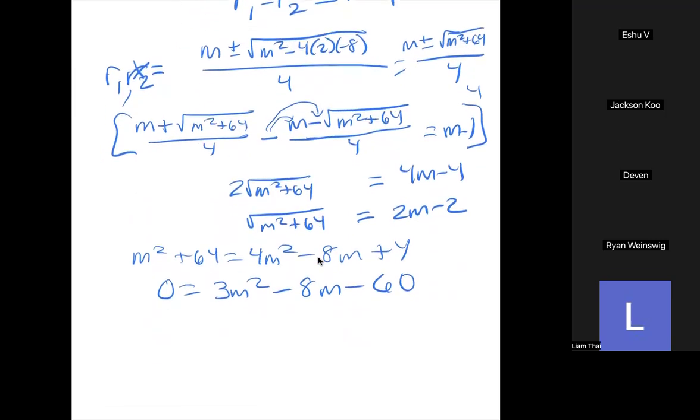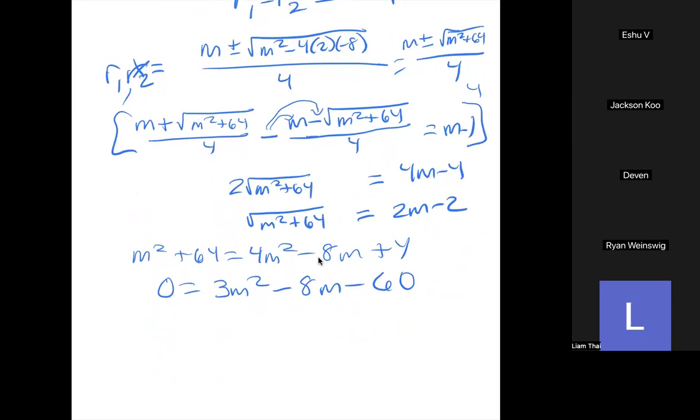I'm almost positive it was factoring, because did I even say that m is an integer? You didn't specify, no. Okay, let me see if I can quickly figure out this factoring. 3, 1, 15, 4, 12 and 23.